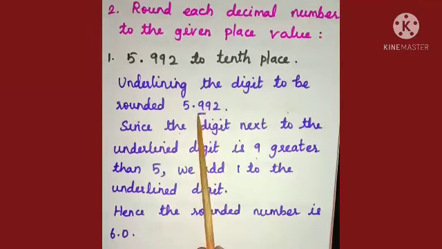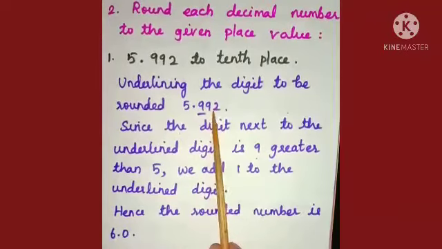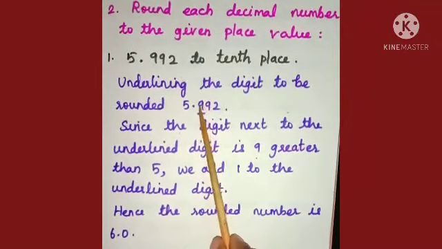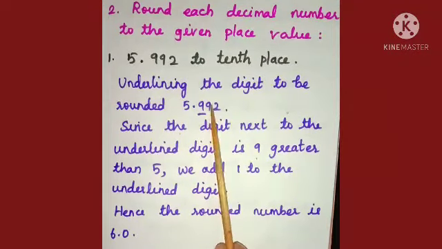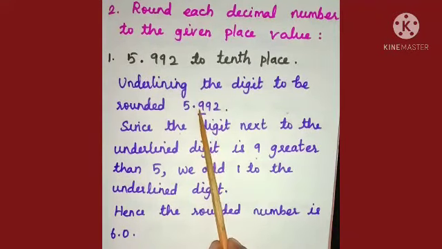And as our next step, we have to look at the digit to the right of the underlined digit. So which number is to the right of the underlined digit? 5 or 9? Yes, it is 9. So 9 is the digit to the right of the underlined digit.